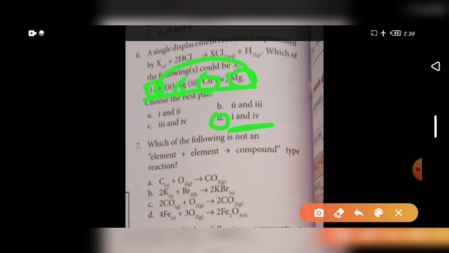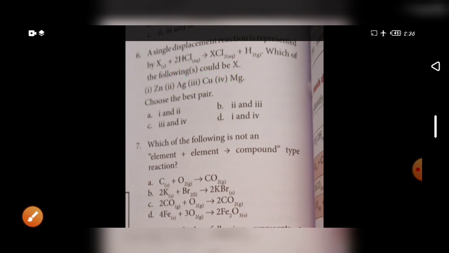Okay. Next we go to seventh question. Which of the following is not? Listen here. They have asked which is not an element plus element gives compound type reaction. C plus O2, carbon is an element, oxygen is an element, it gives a single compound. Potassium is an element, bromine is an element.